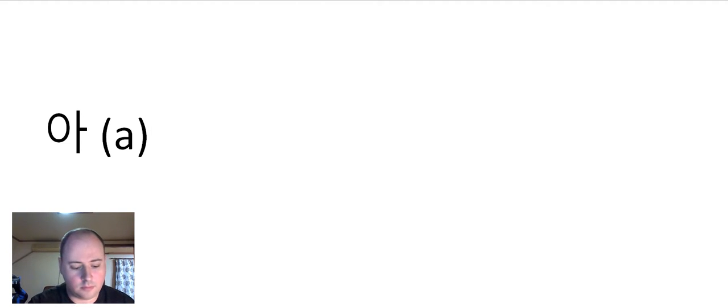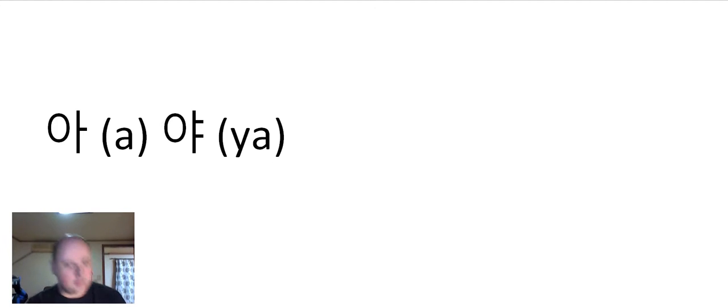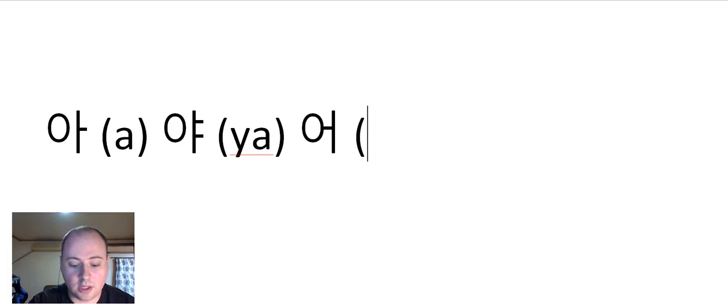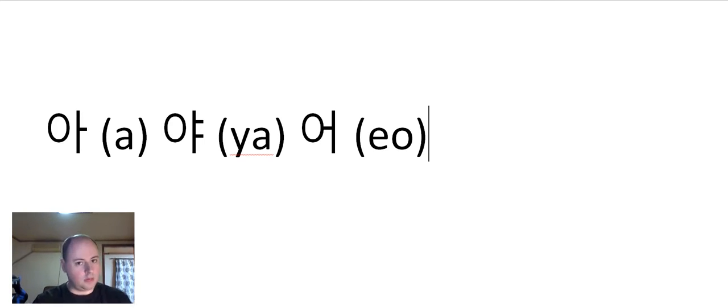A. If we were to write the same character again, but with two lines, an extra dash going across, that creates a ya sound. So we have a and we have ya. In the same way that if we do a character but with the line facing the other way, we create an o sound.